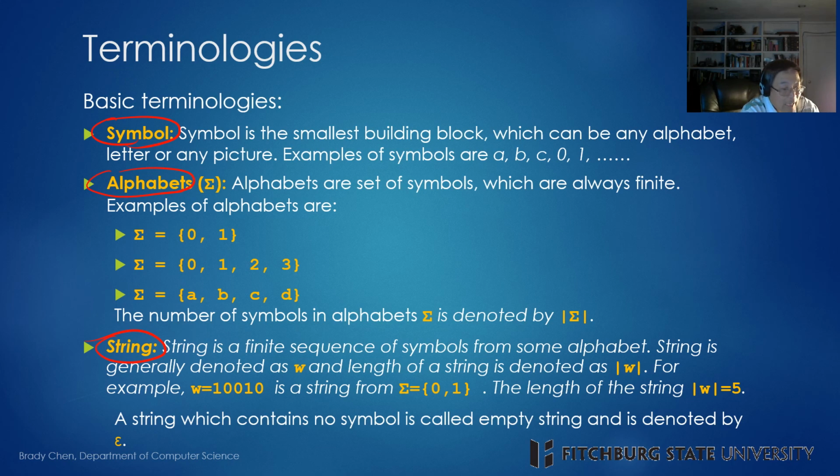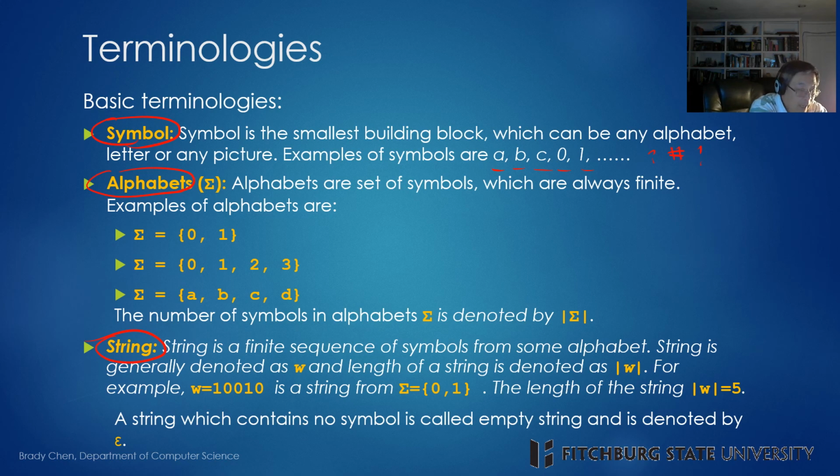It could be any letter or any symbol like the factorial or pound sign. Here are the examples: A, B, C, 0, 1, any number, or question mark, and a factorial. These are all symbols.